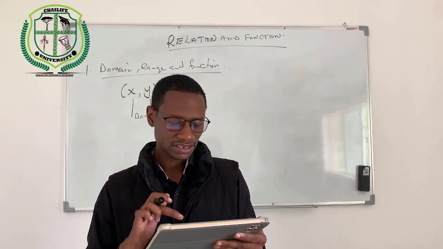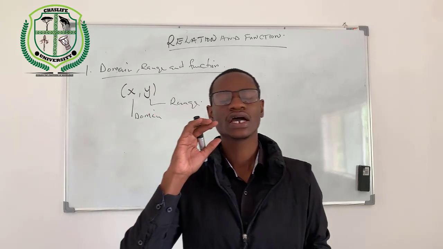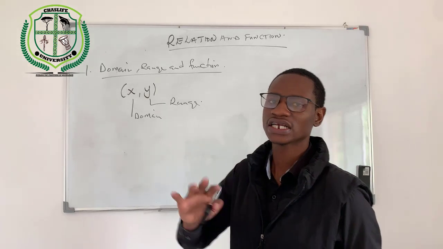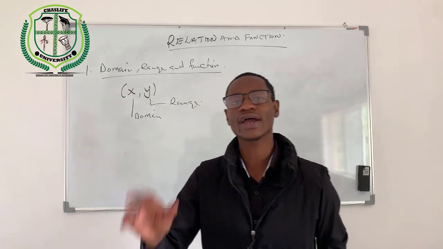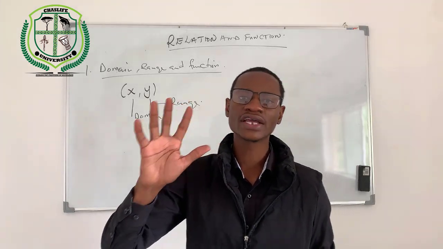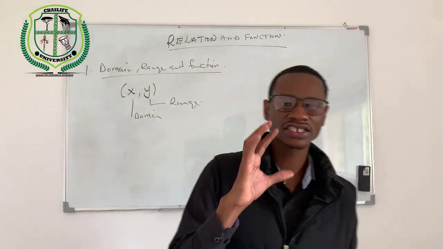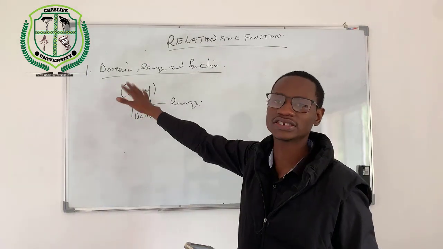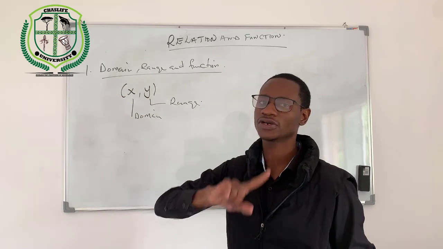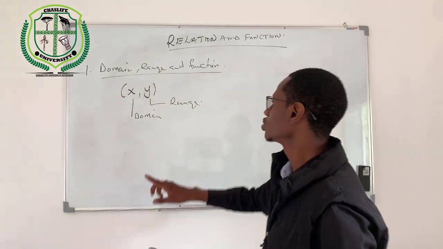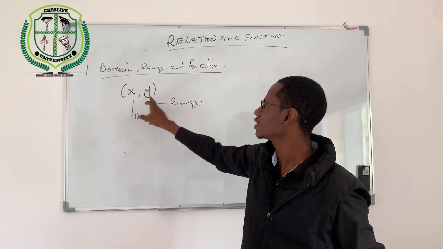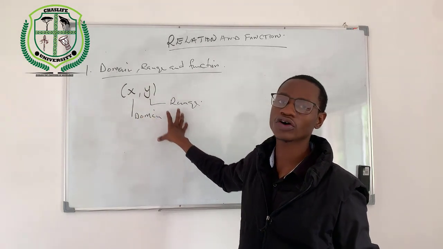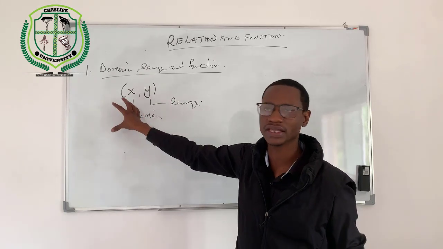So let's define a relation in terms of X and Y. A relation has what we call a domain, a range, and a function. Domain, range, and function. This is what we're going to look at. When we have both X and Y, X is a set of ordered pairs that explains the domain.